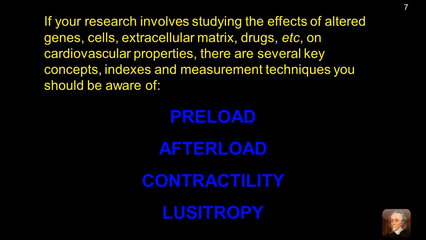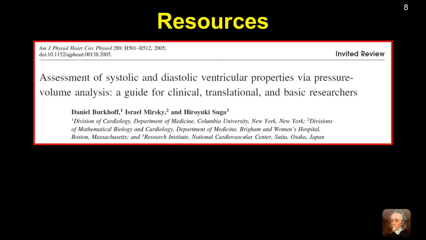People frequently get a little bit mixed up about them, but when you develop a system for understanding what these are and use the pressure volume approach, everything becomes relatively simple and very clear. Some people seem to be intimidated by pressure volume analysis, but it really could not be simpler if you just understand a few basic principles and take a little bit of time to go through what you're looking at.